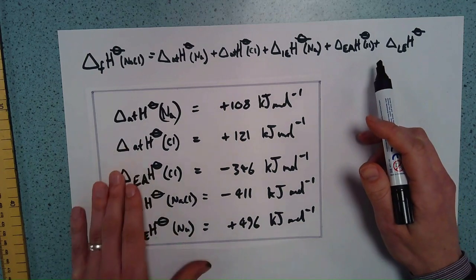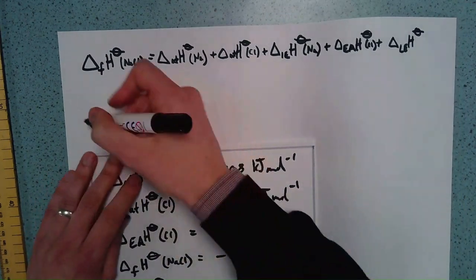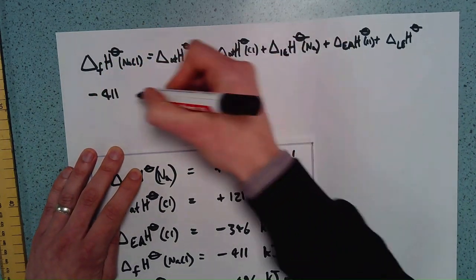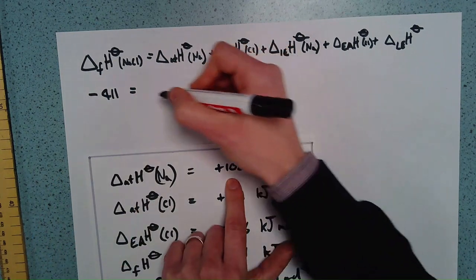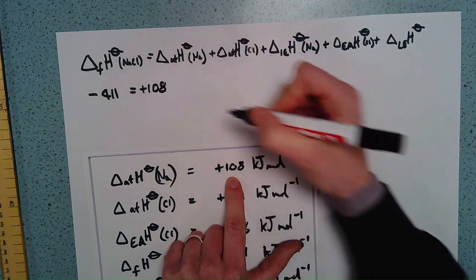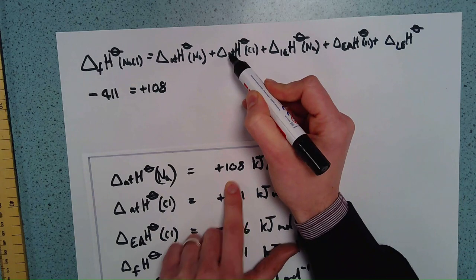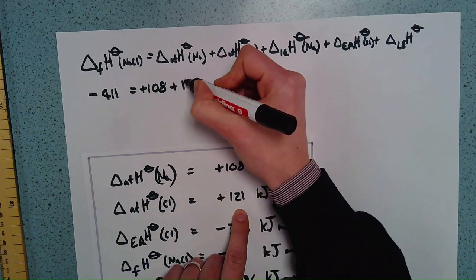So having constructed our equation, we can plug in our values here. We've got minus 411 equals, atomization of this is 108. I'm going to put the plus here anyway, just to remind myself that I've thought about it. And then we're going to add the atomization of chlorine is 121.